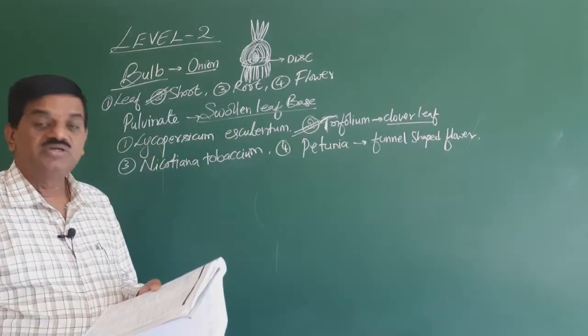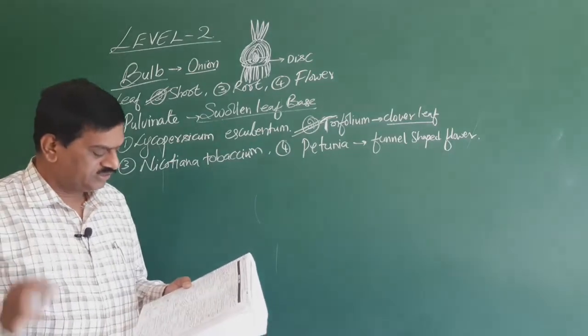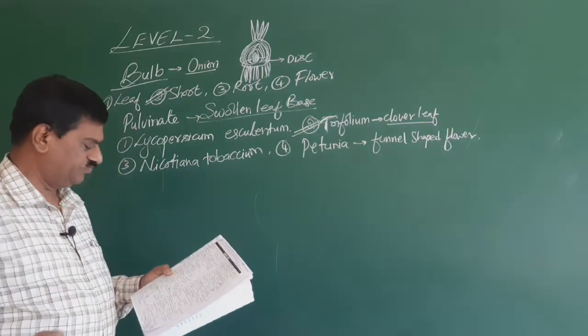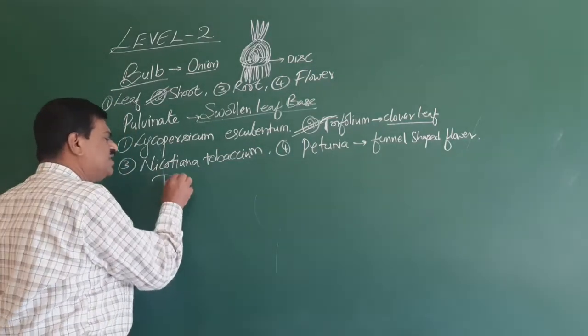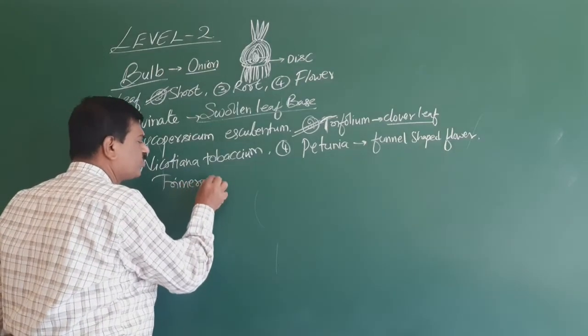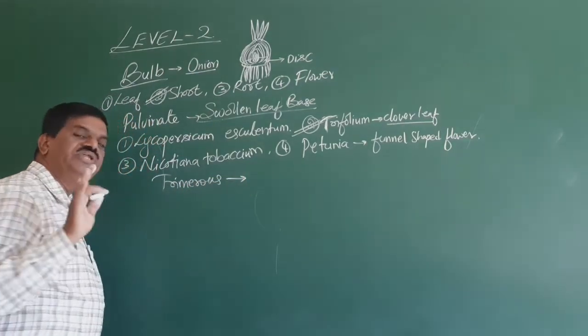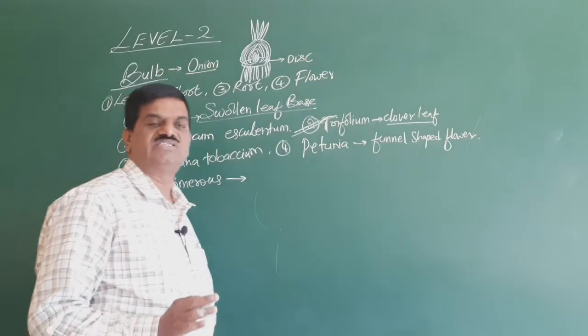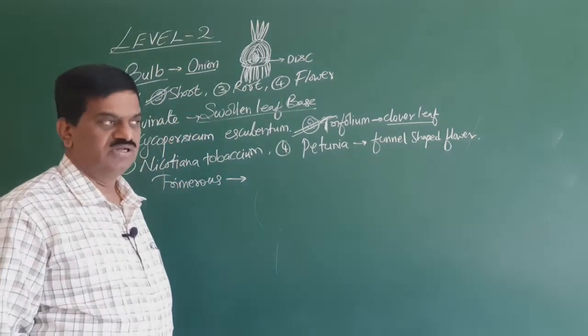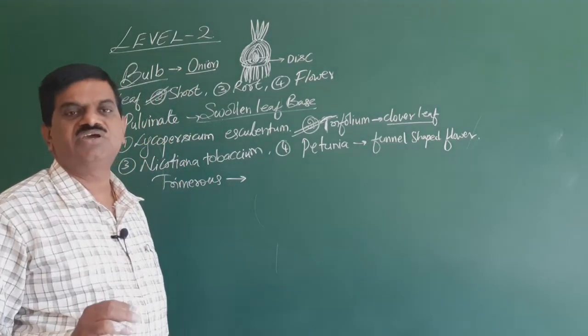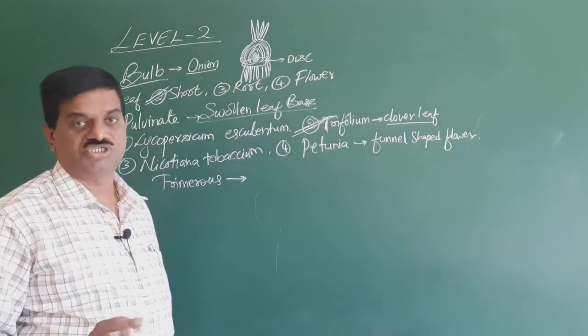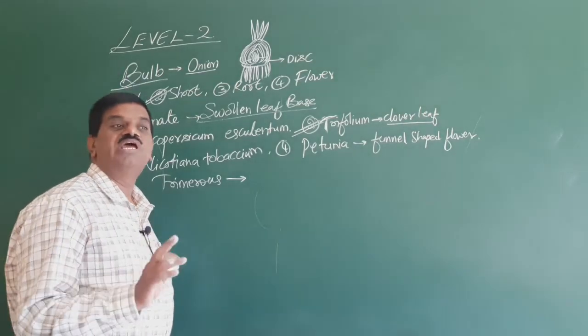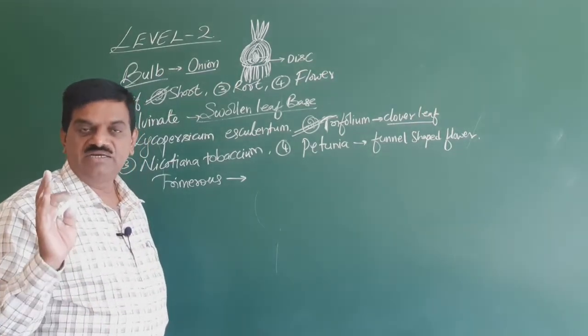Next we go for trimerous. Trimerous flowers are present in. So here the word trimerous. Normally 3 sepals, 3 petals are called trimerous. But trimerous can be seen commonly in the monocots. In a monocot, we never use the word sepal and petal.